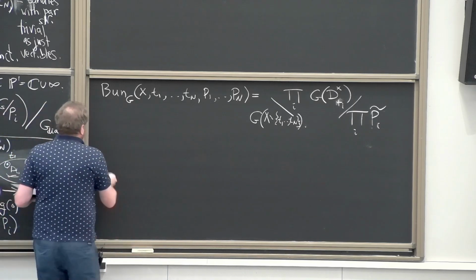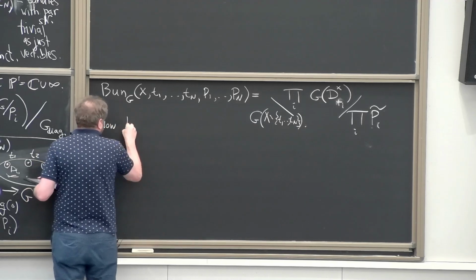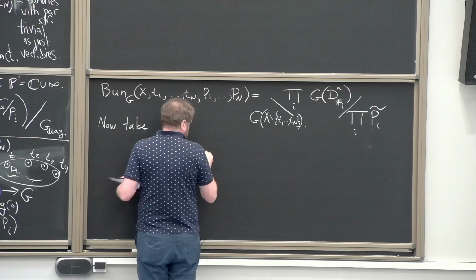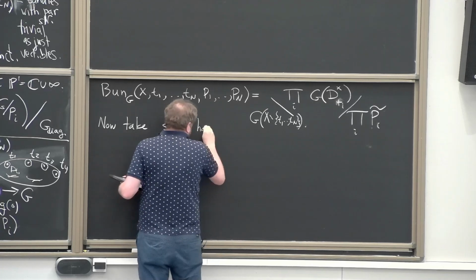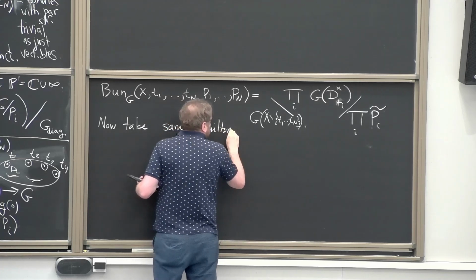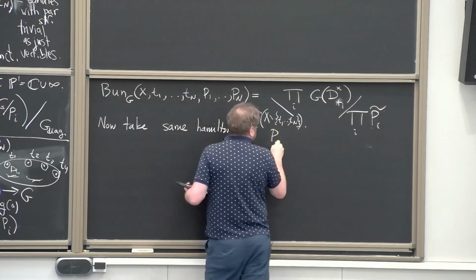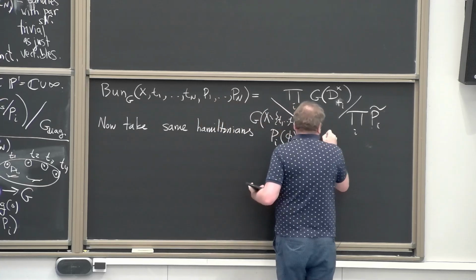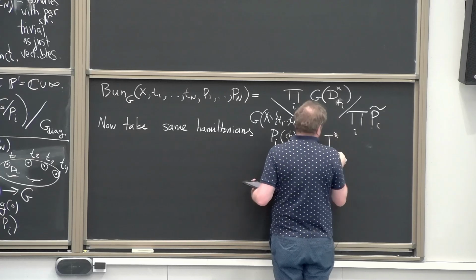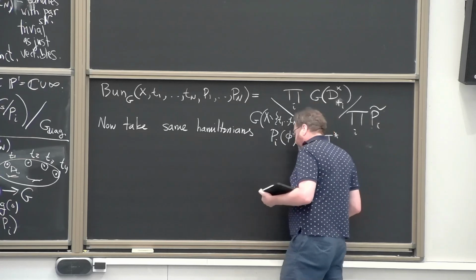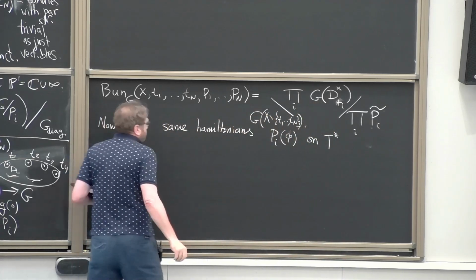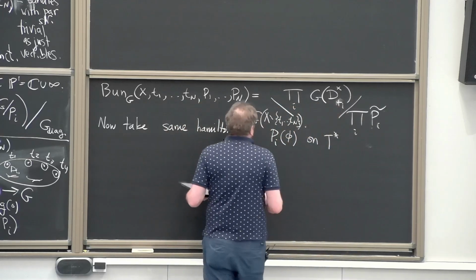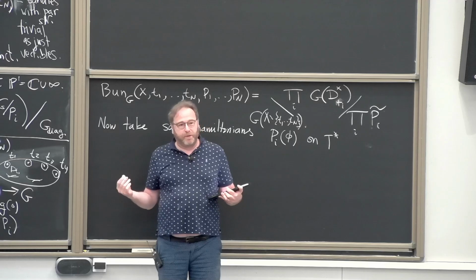And so now we can take the same Hamiltonians on the cotangent bundle of this loop group. We did it for one puncture, but the same thing works for any number of punctures.